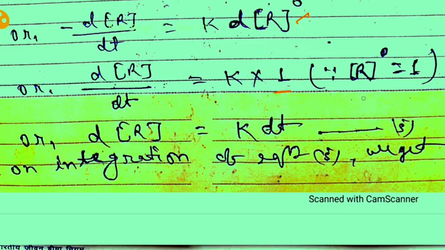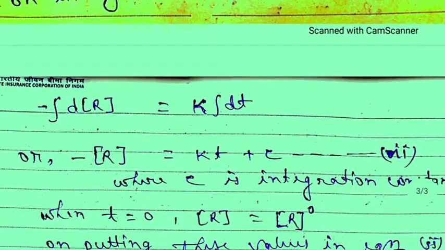Why? Because the value of R naught is equal to 1. Or we can write d[R] is equal to K dt. It is equation number 1. On integration of equation 1, what will we get?